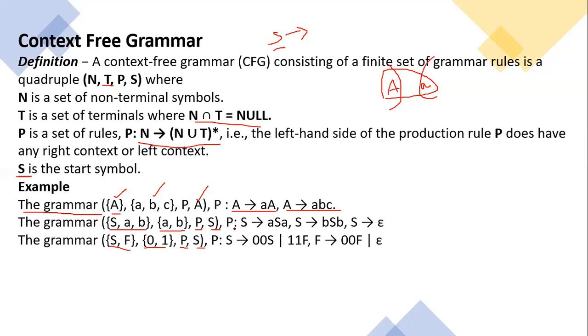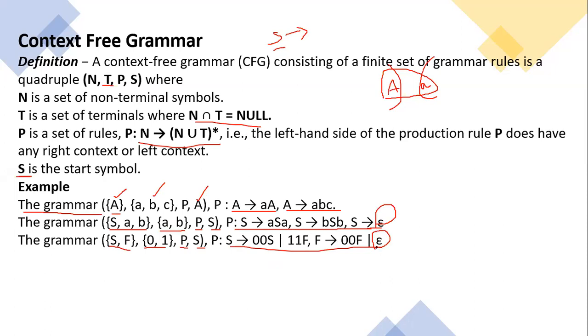This is a sample production: S tends to A S B, and S tends to epsilon. This is also a terminal, as I already explained. These are some sample examples for context-free grammar.